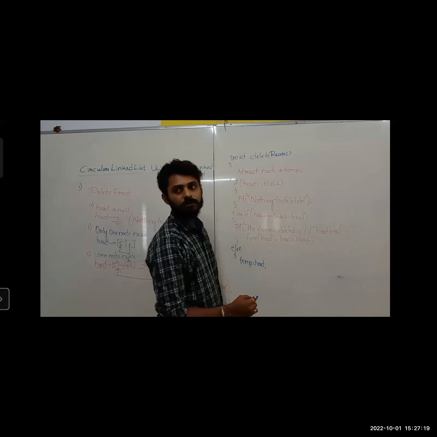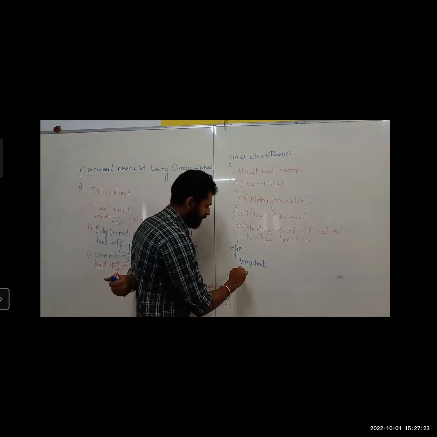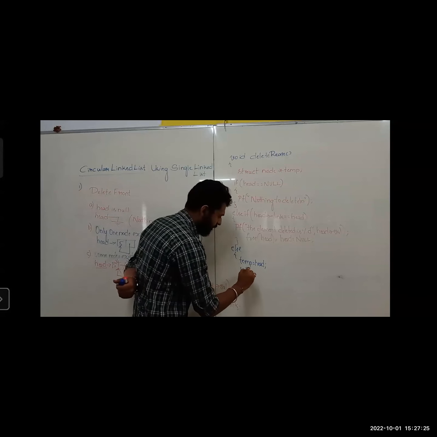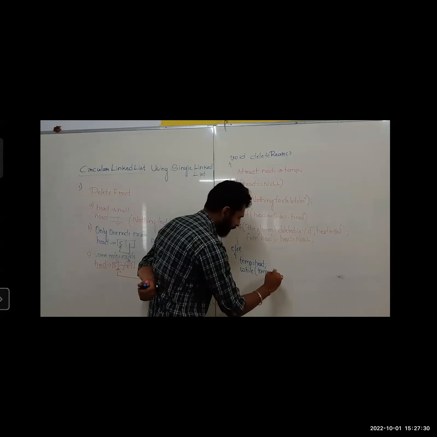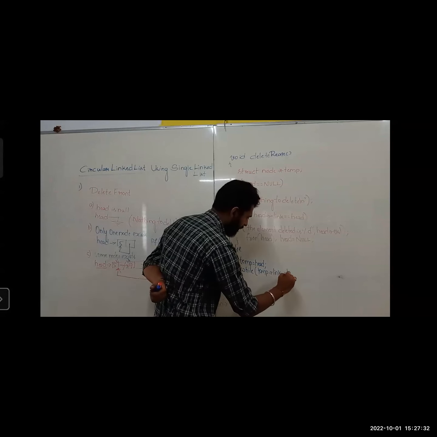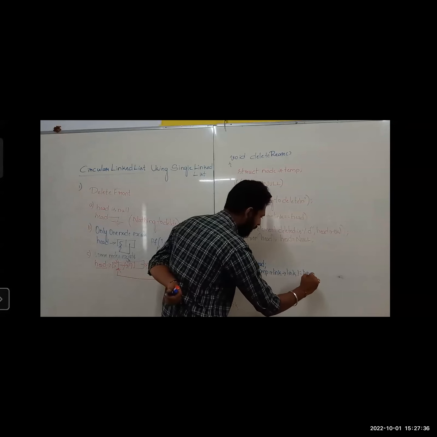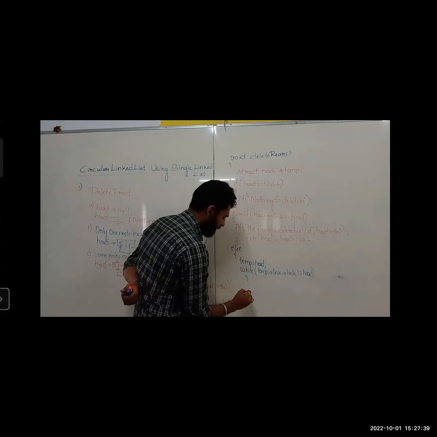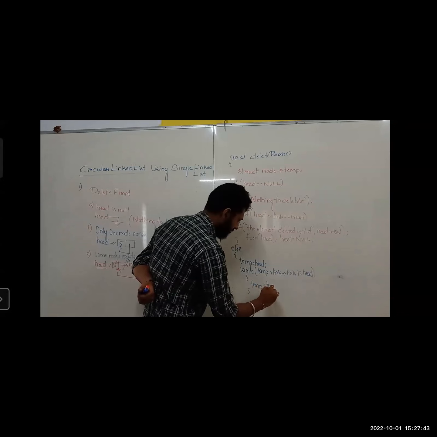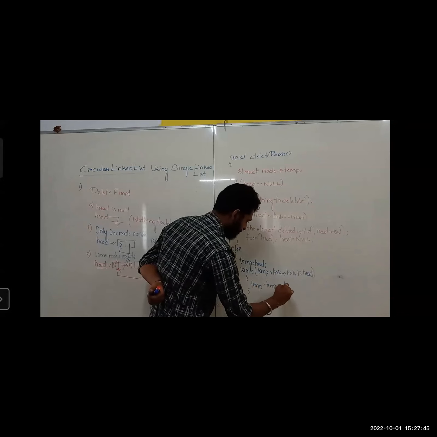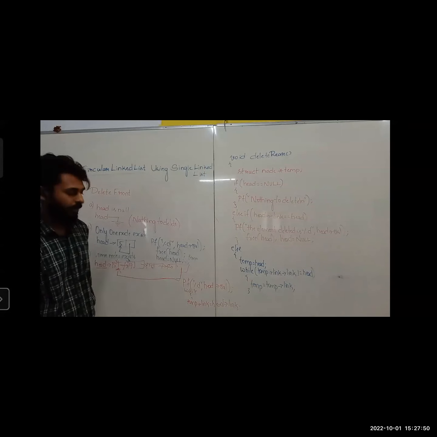Temp should be pointing to the same place where head is pointing, and I should keep moving my temp. How can I move? While temp's link's link not equal to head, if this condition is true, then I should say temp equals to temp's link.